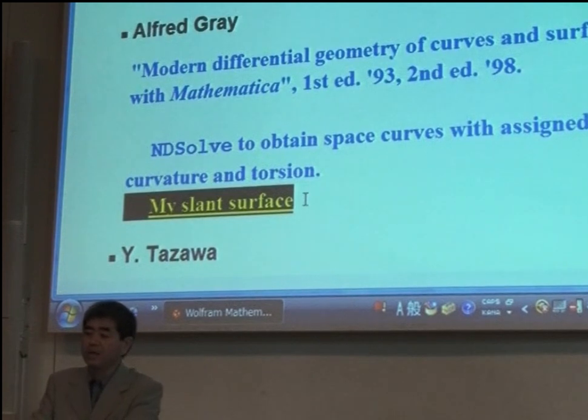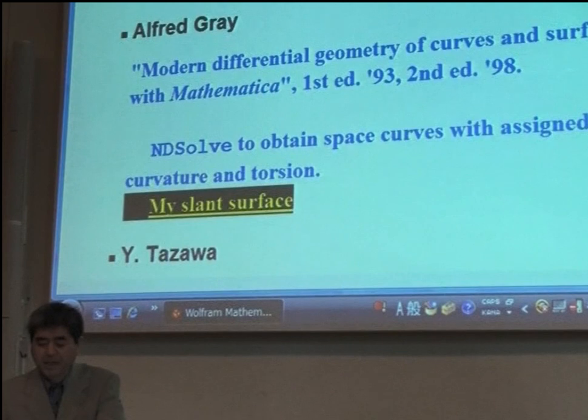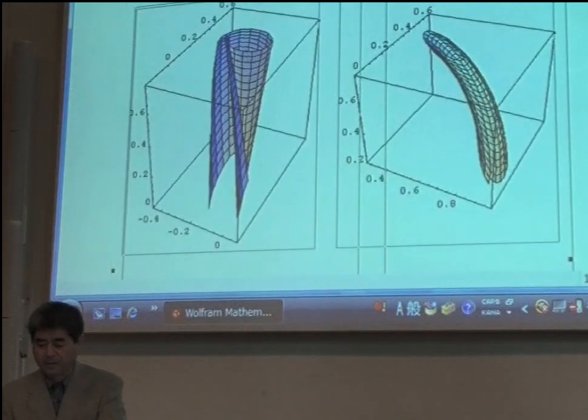I didn't know the explicit expression of this surface, nor its shape. I just imagined the shape in my mind, but Mathematica solved the differential equations numerically and drew these pictures.